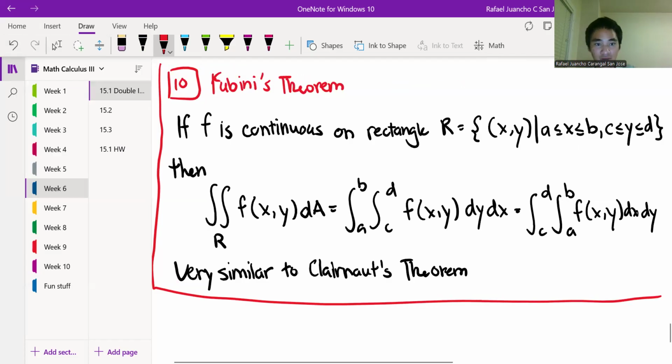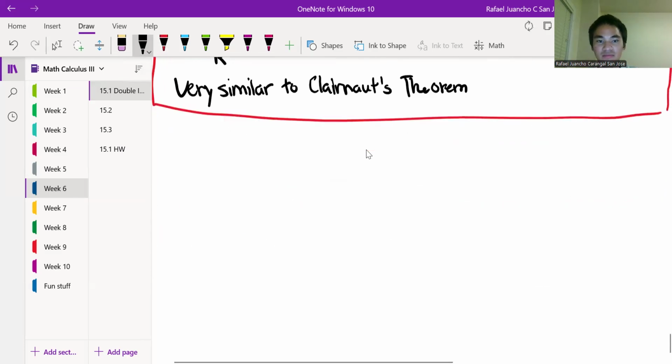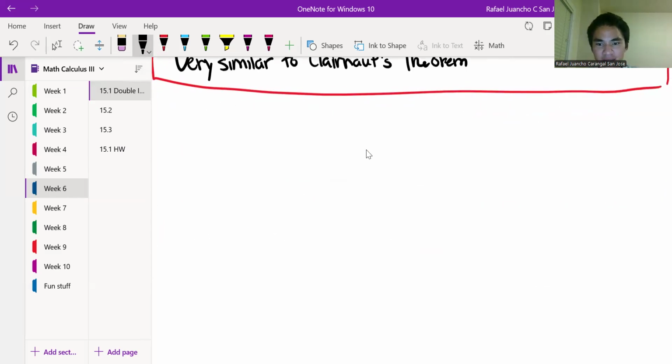Okay, now let's do a couple of exercises. We have a proof. I'm not going to do that, mainly because I don't want to. We even have a couple of examples here. Let's go through some examples.